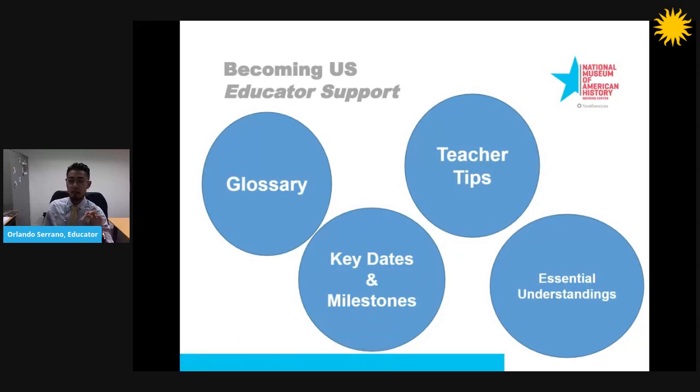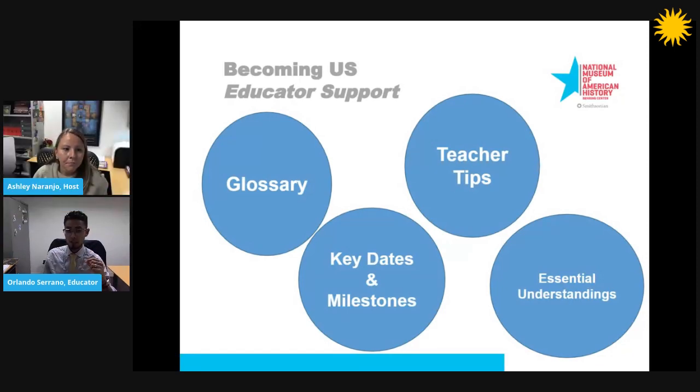That is a style guide that the National Museum of American History is moving towards in terms of how to discuss and use particular terminology that is very important to be more inclusive. We also focus on some key dates and milestones in immigration and migration history.